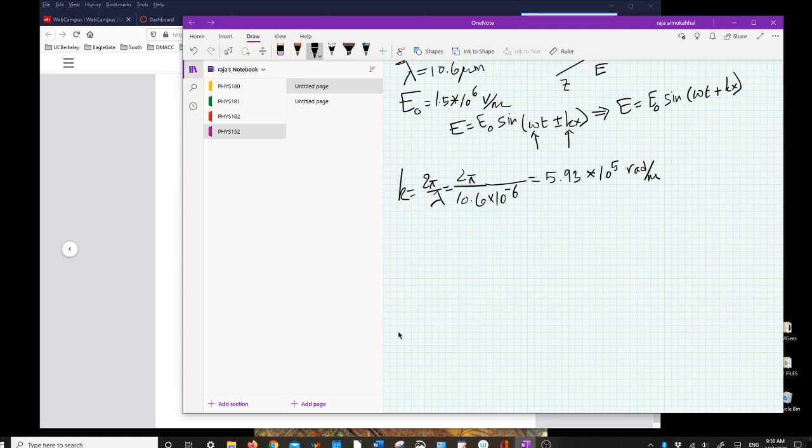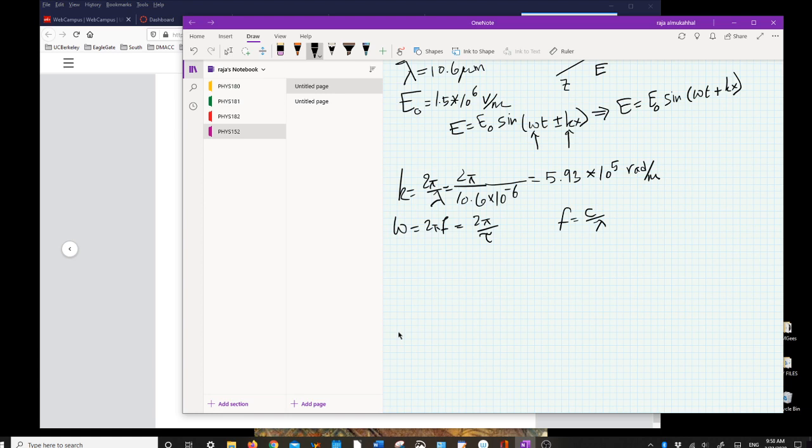The next step is omega. Now, what is omega? Well, omega is 2 pi f, or 2 pi over tau, the period. Neither of them are given to me, but lambda is given to me. Well, we know that the frequency is equal to c over lambda, so I can find the frequency, plug it in here, and then I can find omega.